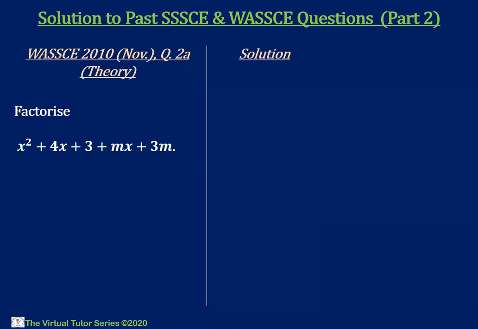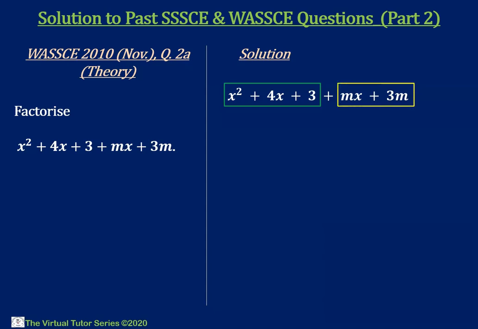Here is the expression x squared plus 4x plus 3 plus mx plus 3m. The first part is a quadratic trinomial with one variable, and the second part is a binomial expression.